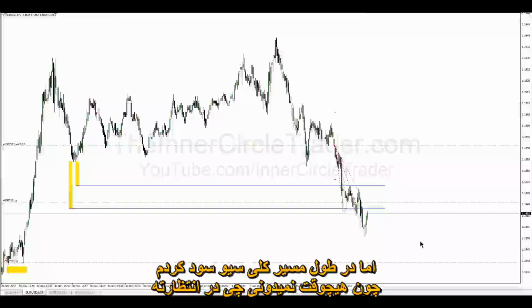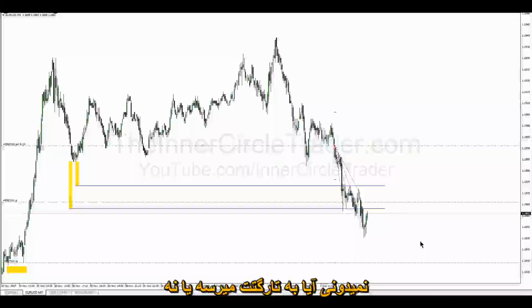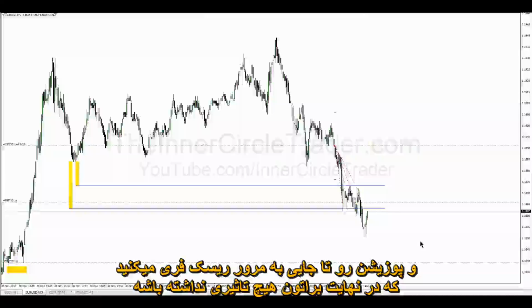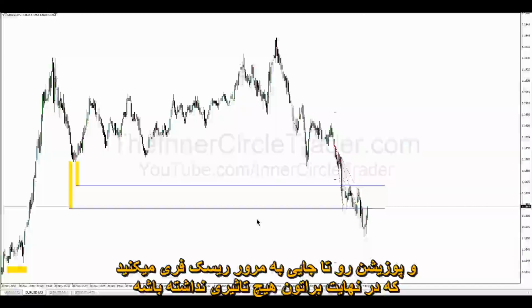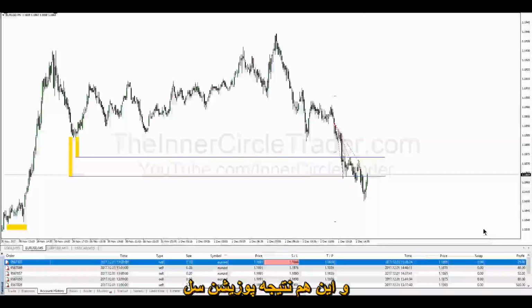But I profited along the way, taking out small portions, because you never know. You never know if it's going to go down to your objective, and if you've taken the risk on initially, that risk needs to be reduced to a point of which where it's no longer impactful, and there's my stop loss being tagged, and there is the fruits of that short.